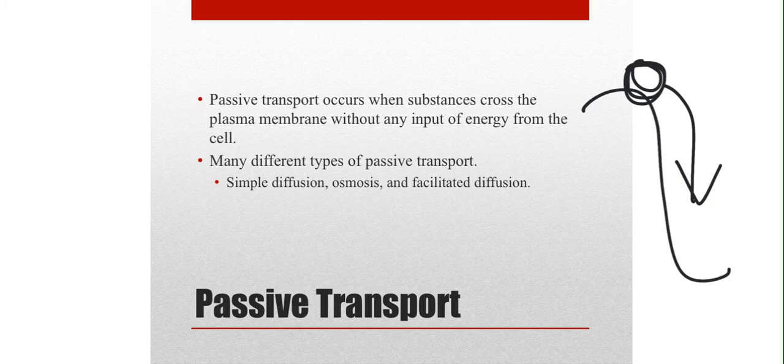There are three types of passive transport that you're going to learn about in this video: simple diffusion, osmosis, and facilitated diffusion. All three are similar in the fact that they all involve high to low concentration. They do not require energy, but there are some different factors that come into play and determine who actually qualifies to transfer across the membrane with simple diffusion versus osmosis.